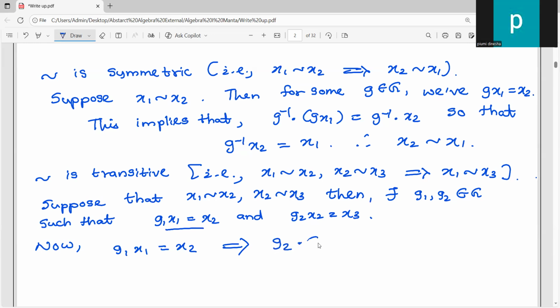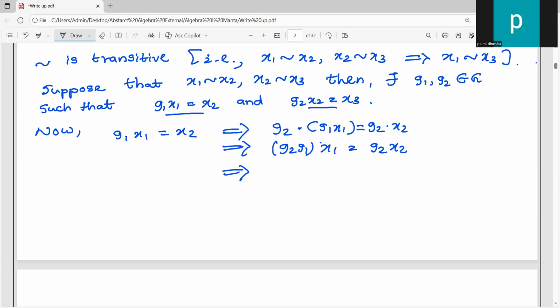So we've got G2 G1 x1 equal to G2 x2. And we know from the second equation, G2 x2 is simply x3.